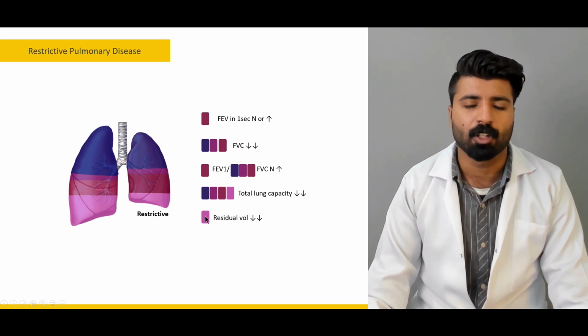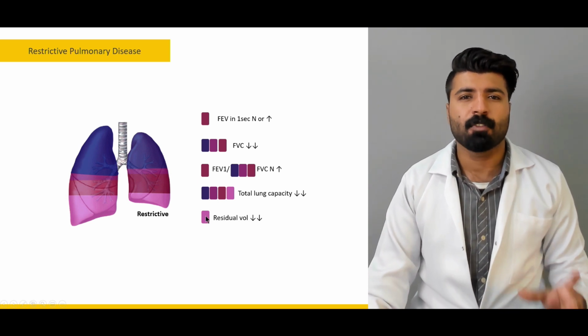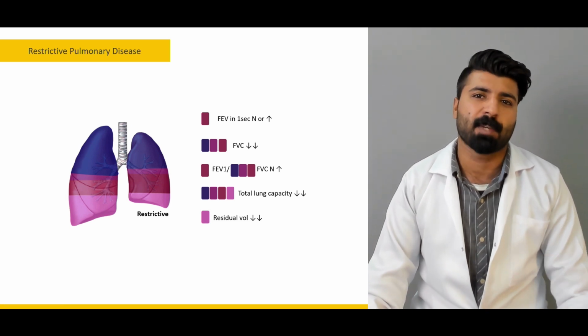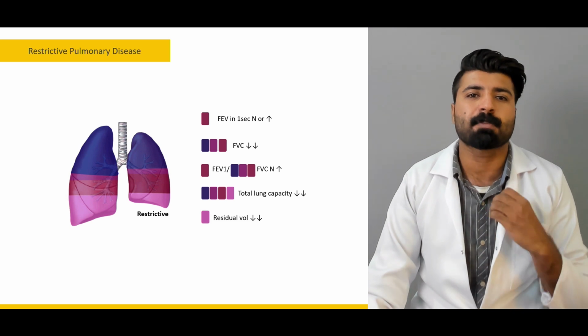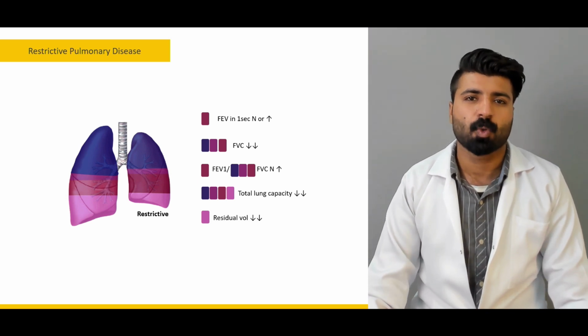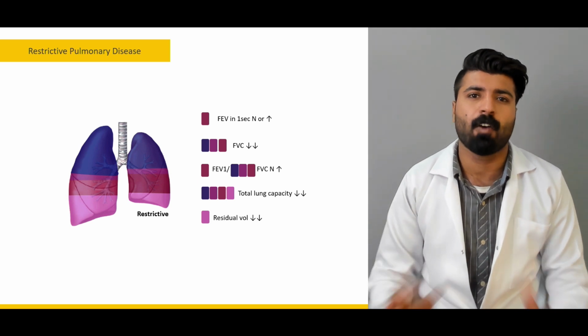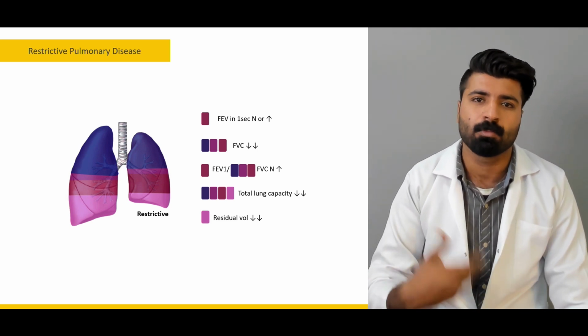Then comes the residual volume. Residual volume is the volume of air that is always left at the end of forced expiration. Like I want to expire all the air, but some air is always there. Why is that air there?